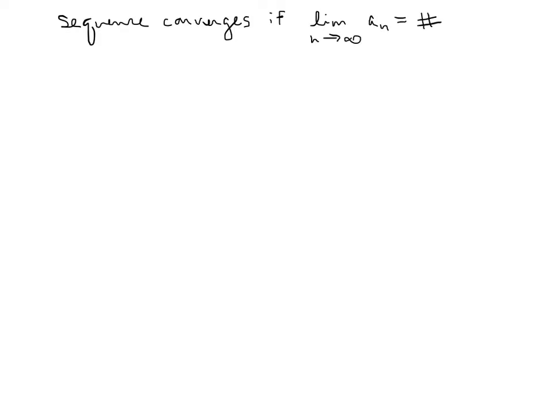This isn't very mathematically, notationally correct, but that's okay. So the sequence converges if you take the limit of the function that defines it, and you get a number. Otherwise it diverges.